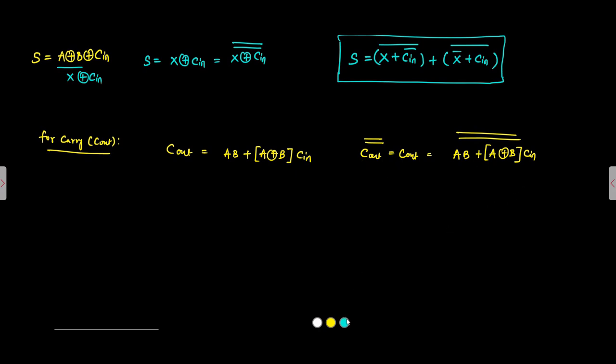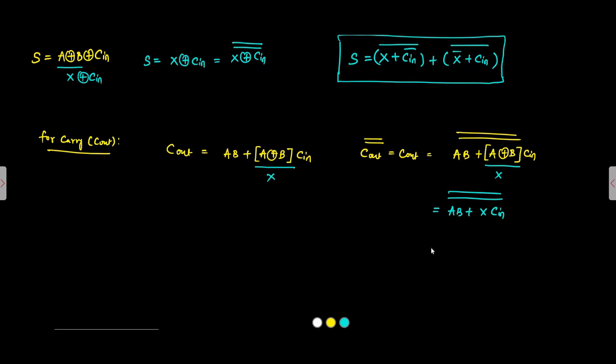Now A XOR B is what we have just proved. A XOR B is X. So it will be easier if we substitute this with X. So we can write it as AB or X Cn, double complement.